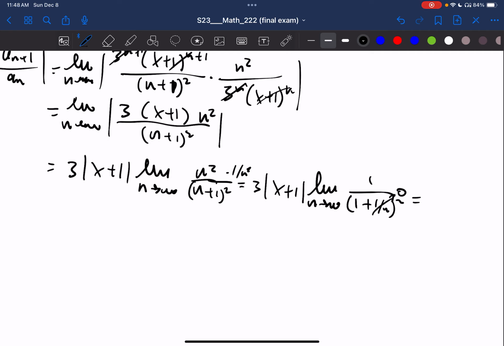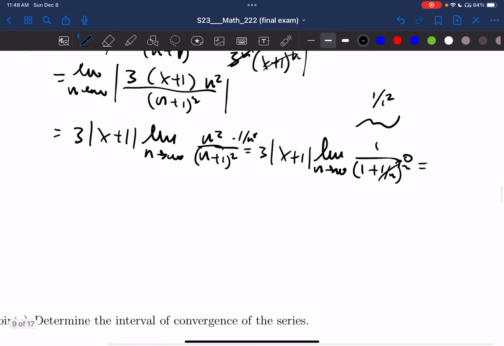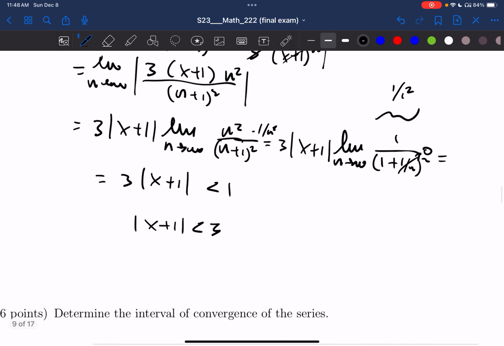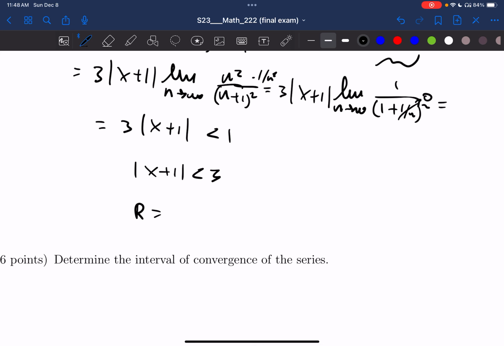So we're going to get 1 over 1, so this term will be 1 over 1 squared. So this will just leave us with 3 times the absolute value of x plus 1. And we need this less than 1 for it to converge by ratio test. So if this is less than 1, we can conclude that when the absolute value of x plus 1 is less than 3, this will converge. Therefore, the radius of convergence will be equal to 3.